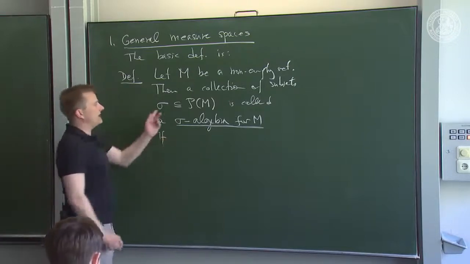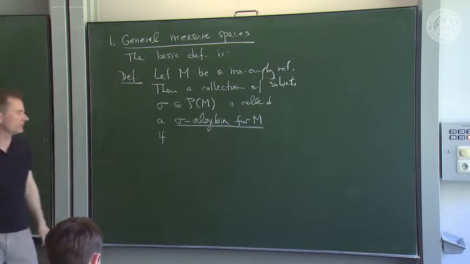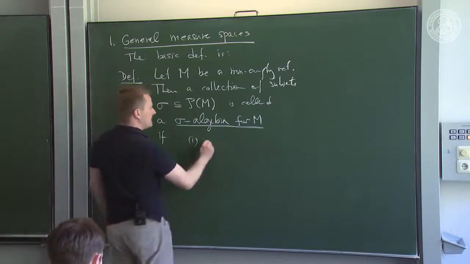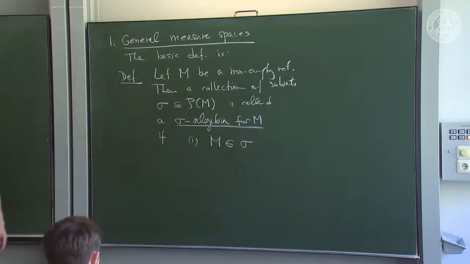Not any collection qualifies, like for a topology, not any collection of subsets qualifies as a topology. Here, the first requirement is that the entire set M also be part of the collection.